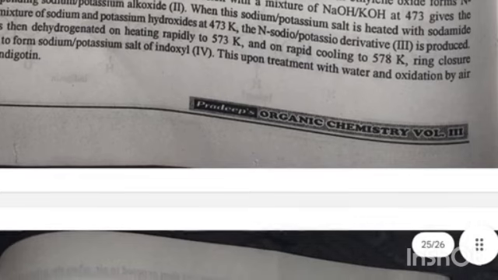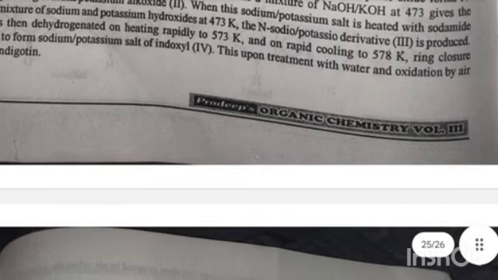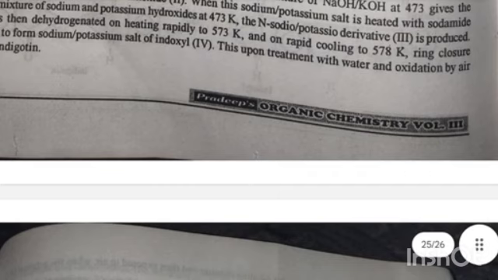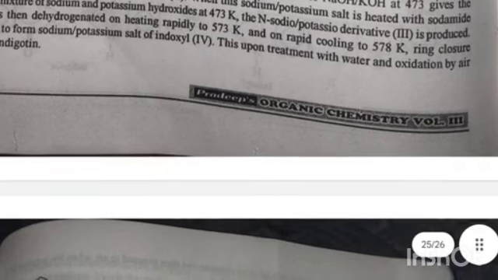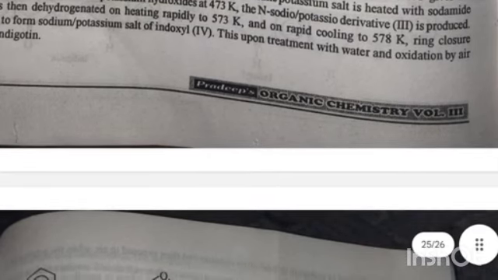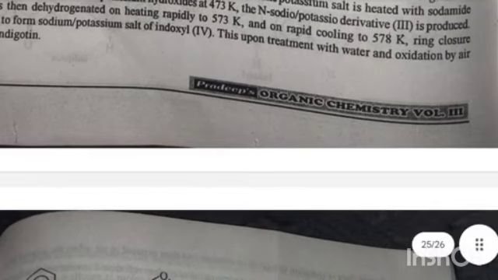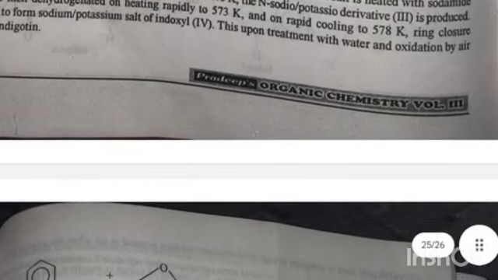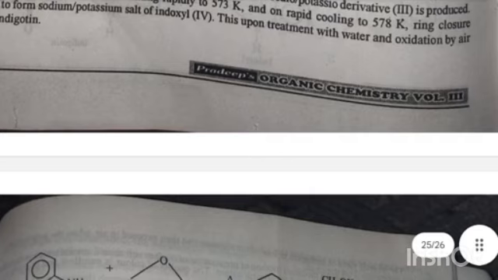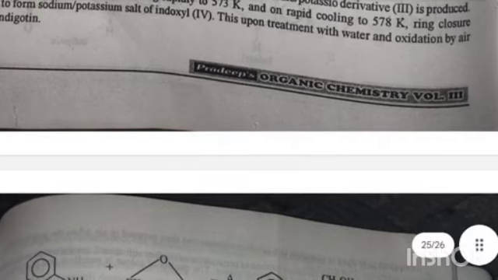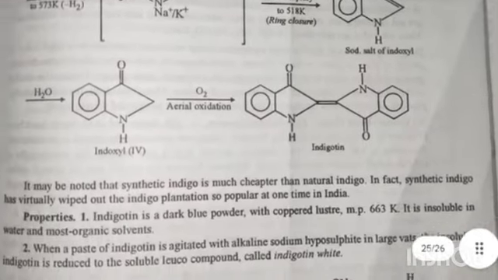This is then dehydrogenated on heating rapidly to 573 Kelvin and on rapid cooling to 578 Kelvin. Ring closure occurs to form the sodium potassium salt, which upon treatment with water and oxidation by air gives indigotin as a product.